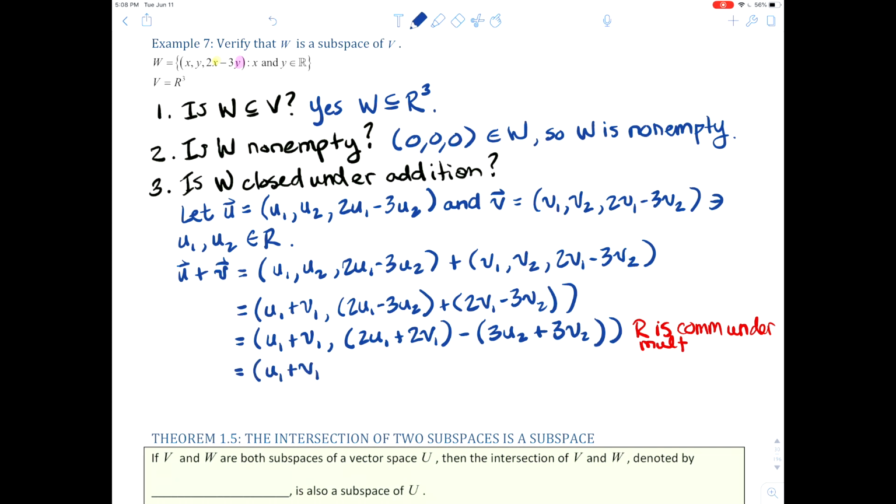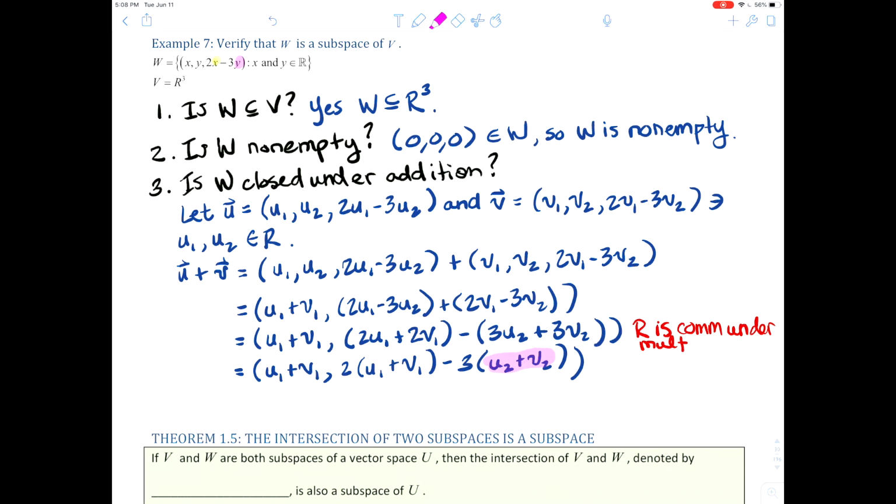U1 plus V1, comma, I can factor out the 2, right, using the distributive property. So we'll end up with U1 plus V1, which was part of the evil plan. And then I can factor out the 3 and get U2 plus V2 remaining. So now I have that format.